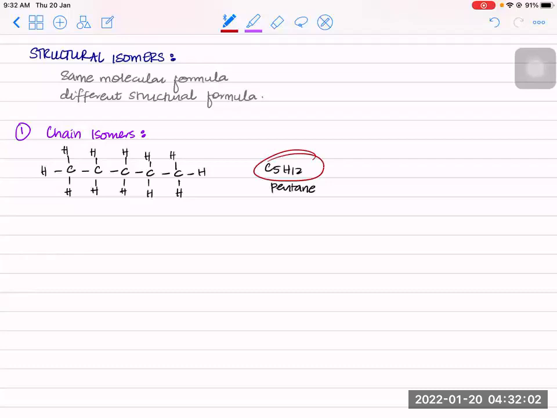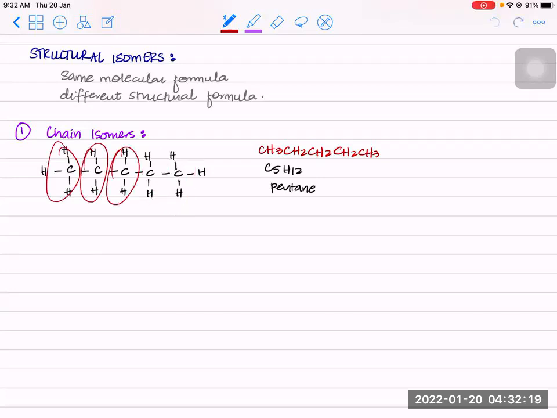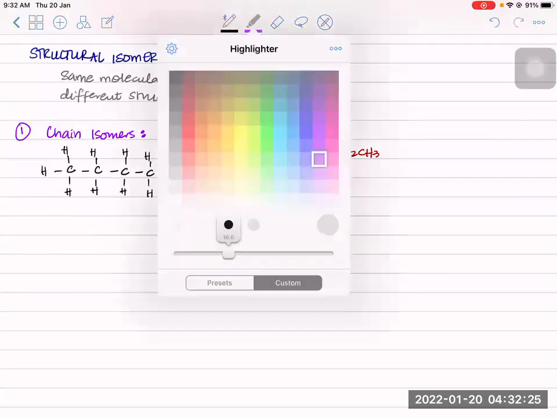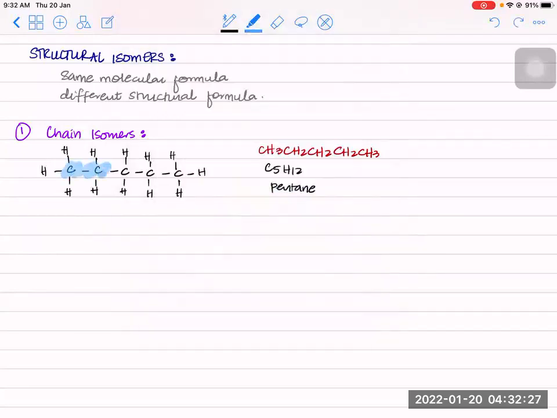Let's see the structural formula for this. The molecular formula is C5H12. The structural formula is CH3, CH2, CH2, CH2, CH3. Now, if you see the main chain here, the parent chain is of how many carbons? The parent chain is 5 carbons.